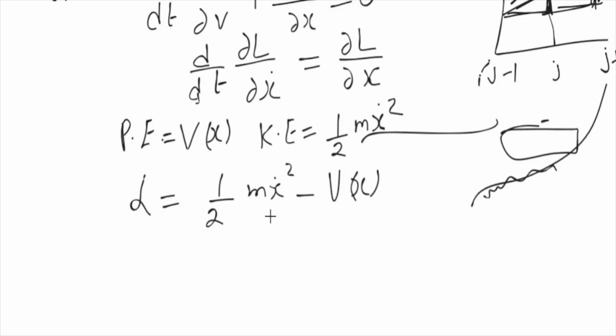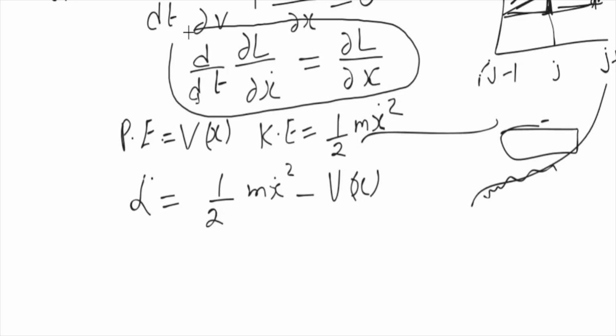First, take the partial derivative of this Lagrangian with respect to x dot. Why? Because you are interested in writing this Lagrangian equation: d by dt of del L upon del x dot is equal to del L upon del x.